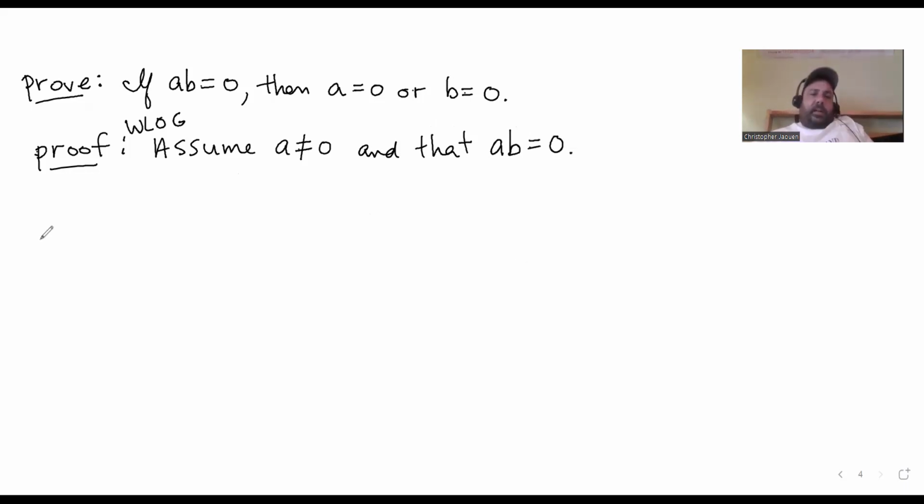Right, so if A is not 0, then its multiplicative inverse exists, right? So A not 0 implies A inverse exists.